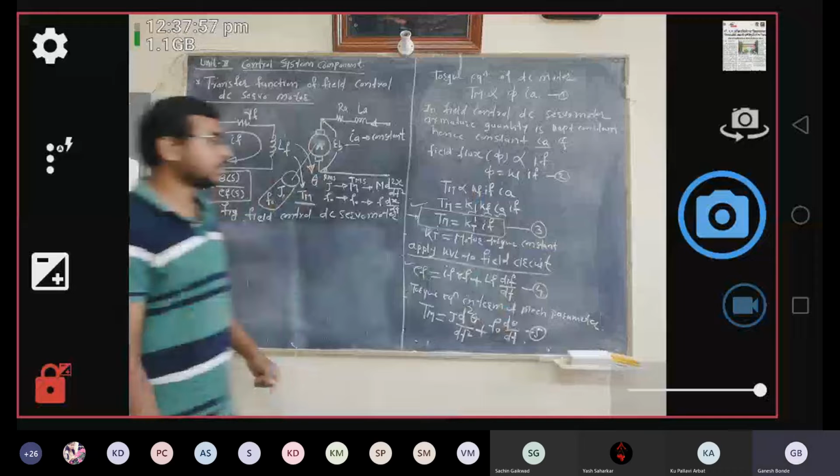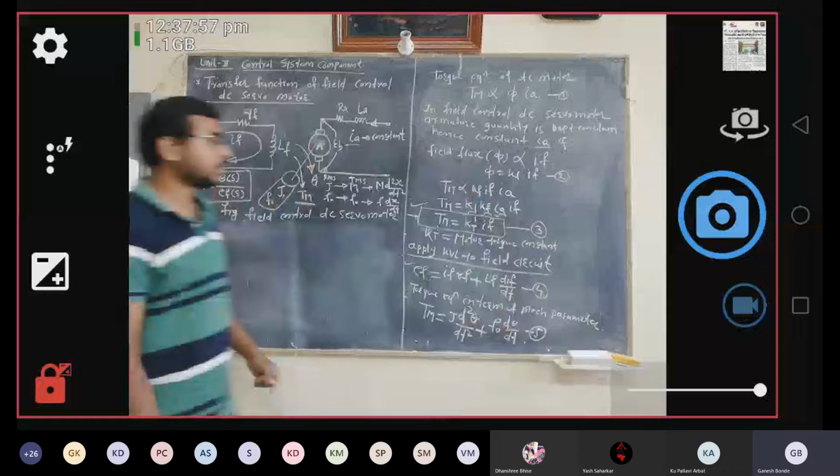Then take the Laplace transform of equation 4. E f of s is equal to I f of s into Rf plus Lf. What is the Laplace transform of this Lf dIf by dt?